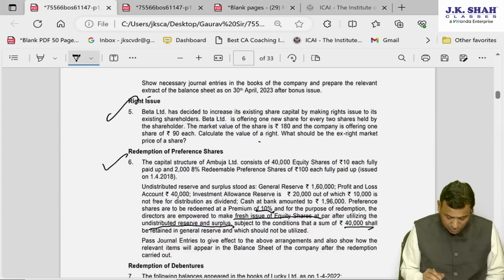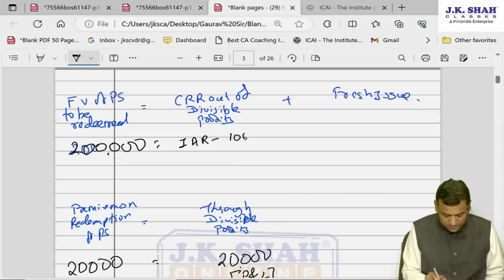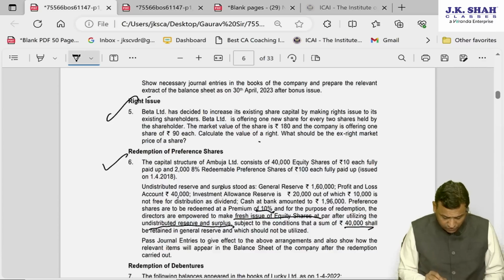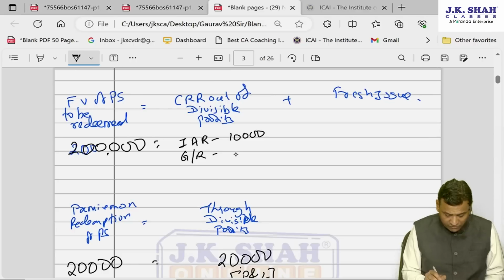How much of investment allowance reserve? Sir, investment allowance reserve, the balance is 20,000. I can utilize only 10,000. Then I can utilize general reserve. How much of general reserve I can utilize, friends? General reserve, if you look properly, the balance is 160, but we need to have a balance of 40, which means I can utilize only 1,20,000 of general reserve.